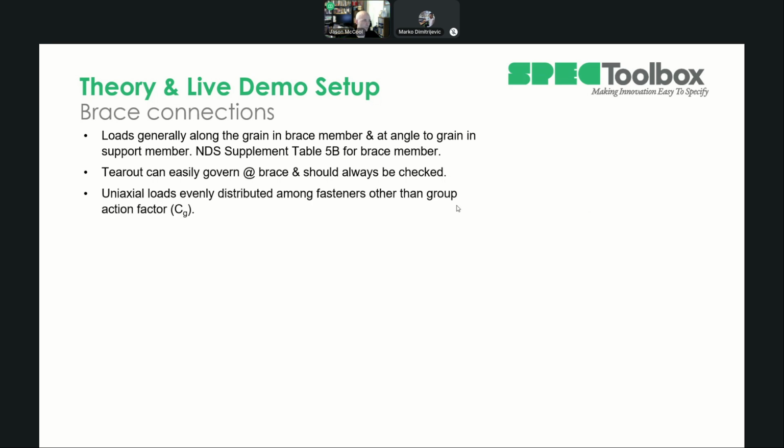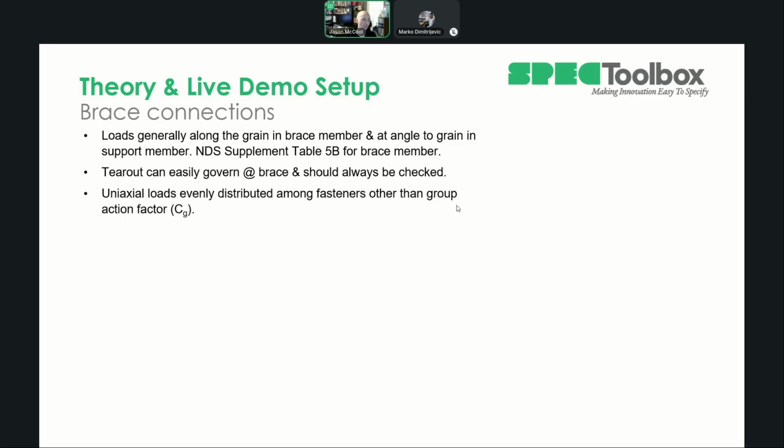So say for a brace, you're generally assuming pinned ends, so it's going to be uniaxially loaded. As such, it's going to get evenly distributed among fasteners because there is no bending or transverse shear to add or subtract there.